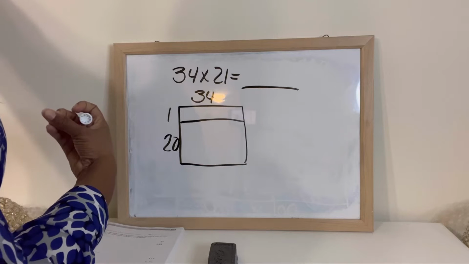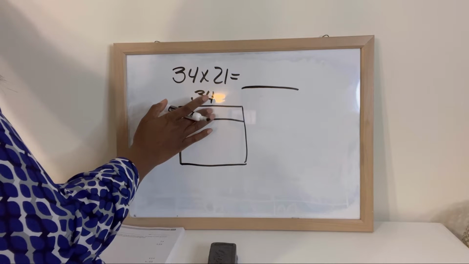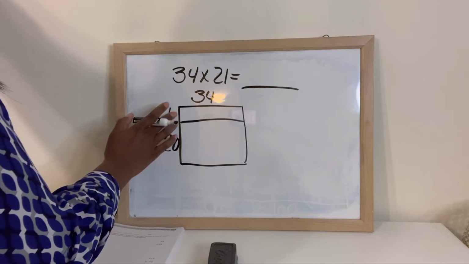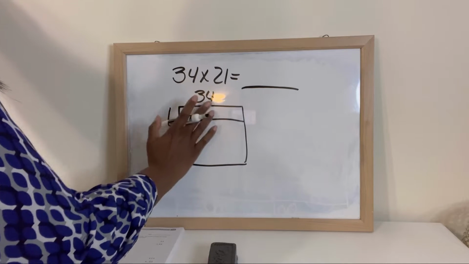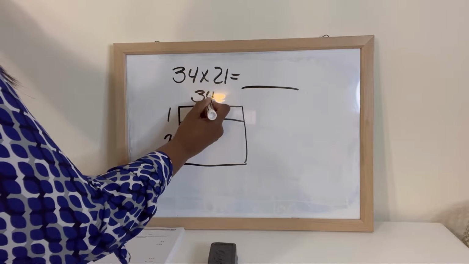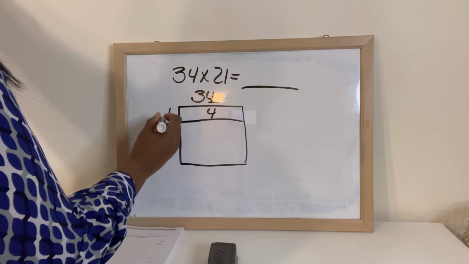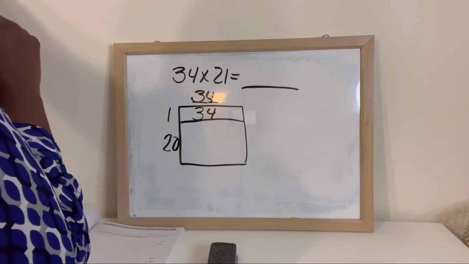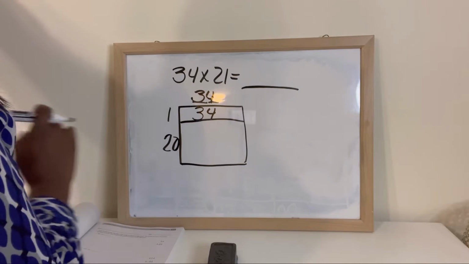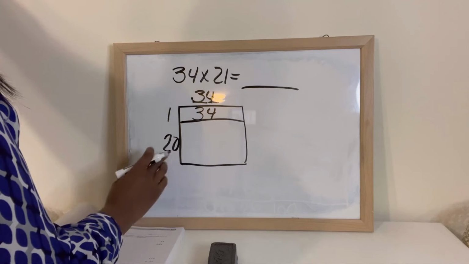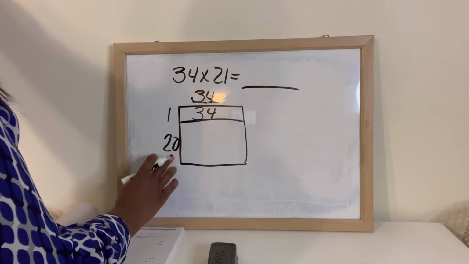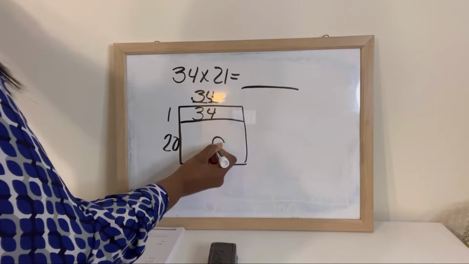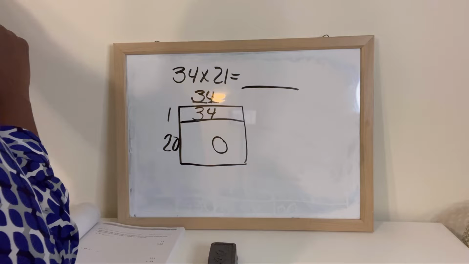Okay, so now we're ready to multiply. In this box, we have 1 on the side and we have 34 above. So we're doing 1 times 4 is 4. 1 times 3 is 3, okay? Then we go here. Before we start multiplying the 20, we must insert a 0 here, okay?